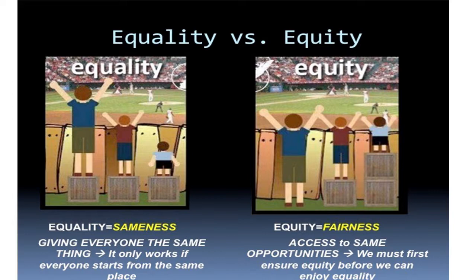Give everyone one box, they can stand on it, but that still doesn't help solve the problem of being able to see the game. If we approach it from an equity factor and a fairness factor and what is needed, given reality of height or the history of investment, we know that some people are going to need different supports in order to achieve the same outcome, seeing the baseball game in this image.